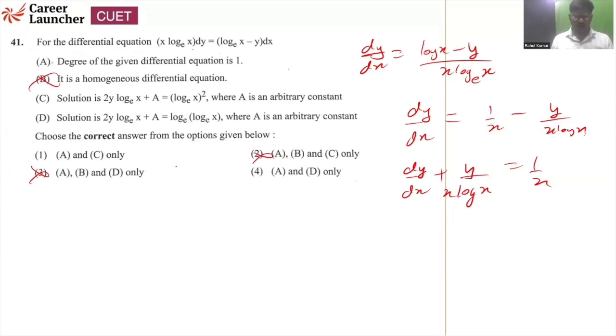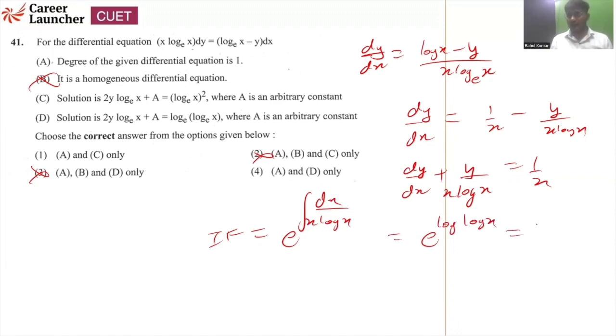Now we have to check whether C or D is correct, meaning we need to find the solution. So first we'll find the integrating factor, e to the power integration dx/(x log x). So it is e to the power log of log x. So log x is the integrating factor. So the solution is y log x is equal to integral of (log x)/x dx plus c.